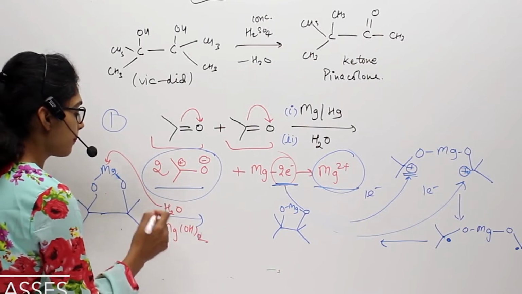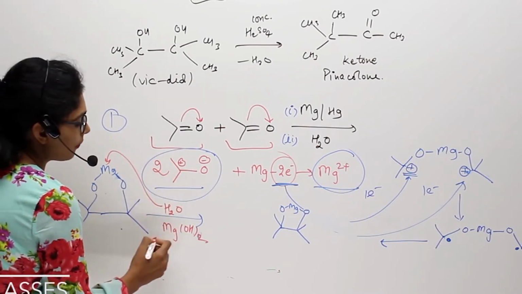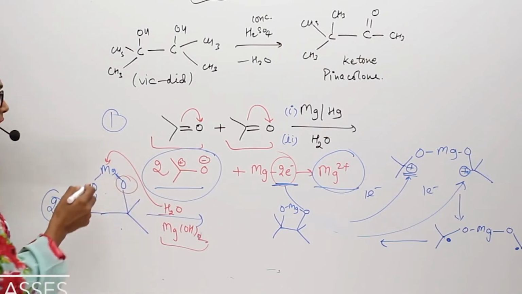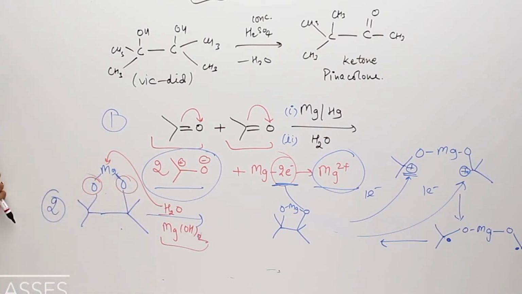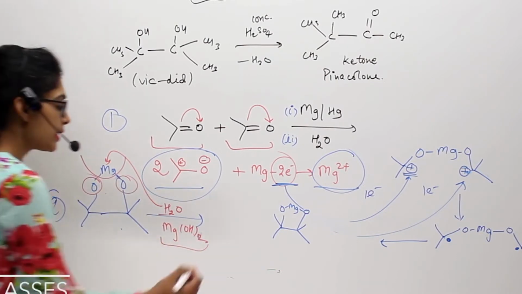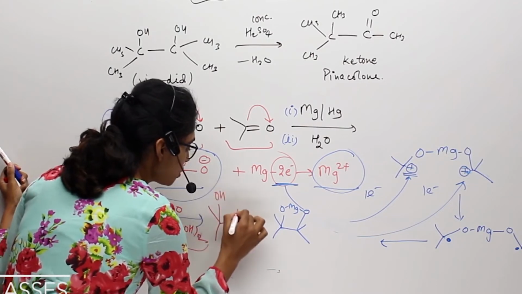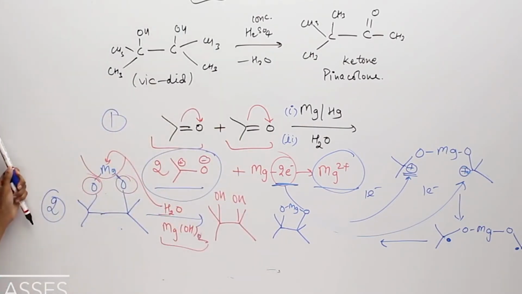That H plus will come out from water. One H plus will go and attach with one oxygen. Another H plus will go to the other oxygen. This Mg will come out and form Mg(OH)2, and hence result in OH and OH.